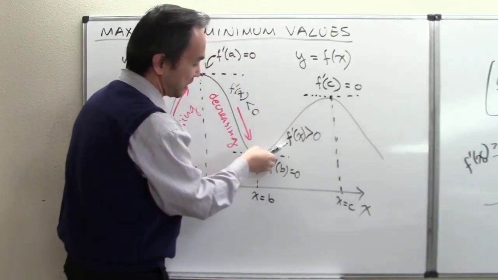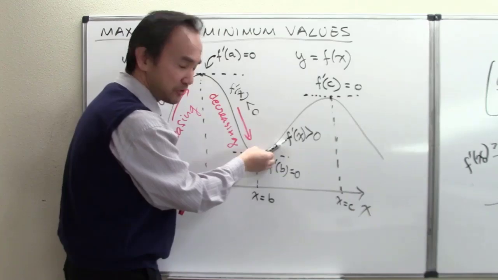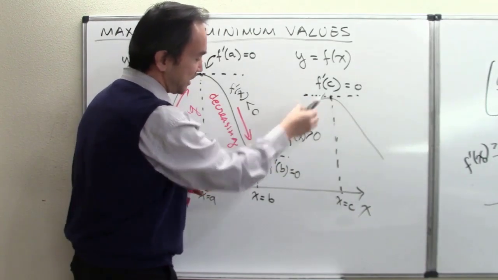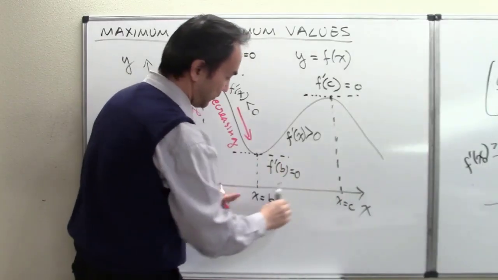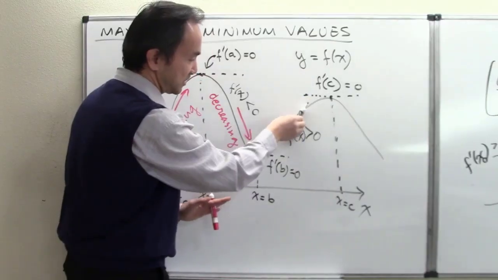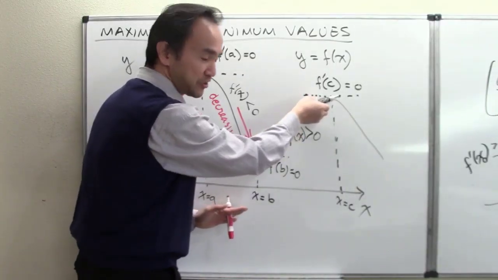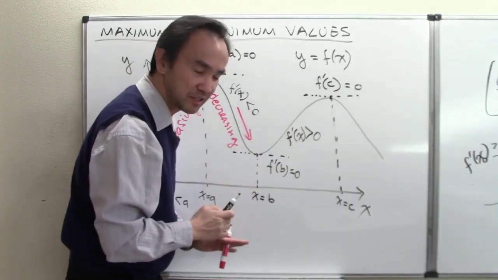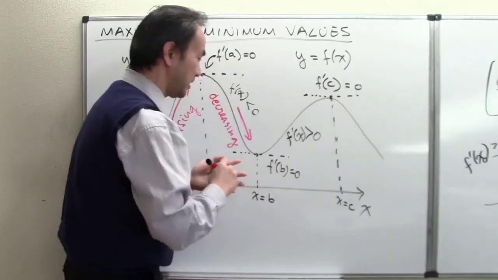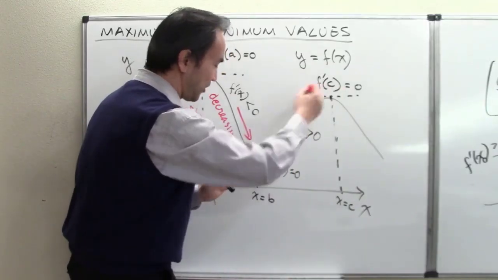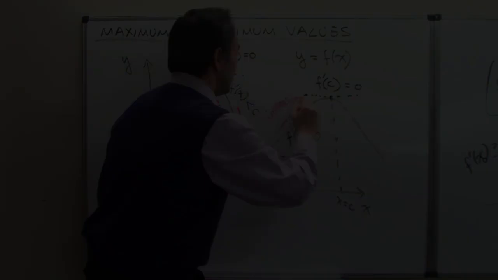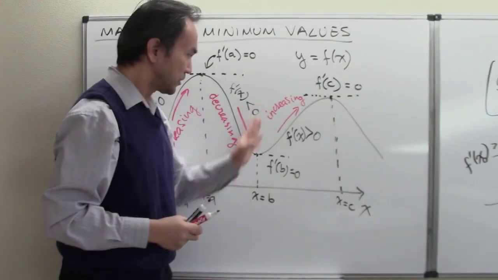You place a tangent line here, it's a rising, upward-pointing tangent line, a positive slope, anywhere in the interval between x equals b and x equals c. That's why f prime of x generally has to be positive in this interval. In the way it connects with the function, the function is increasing in that interval.